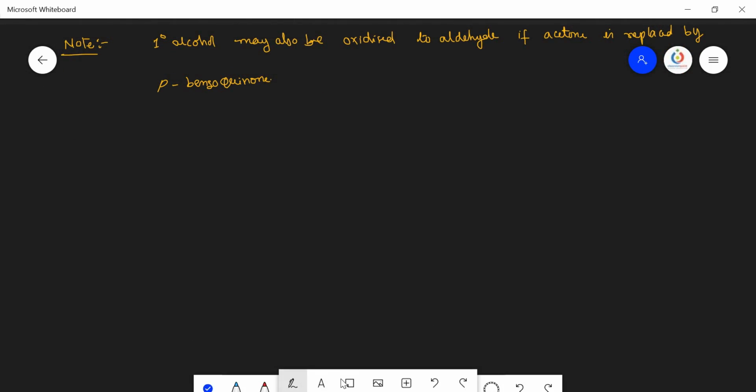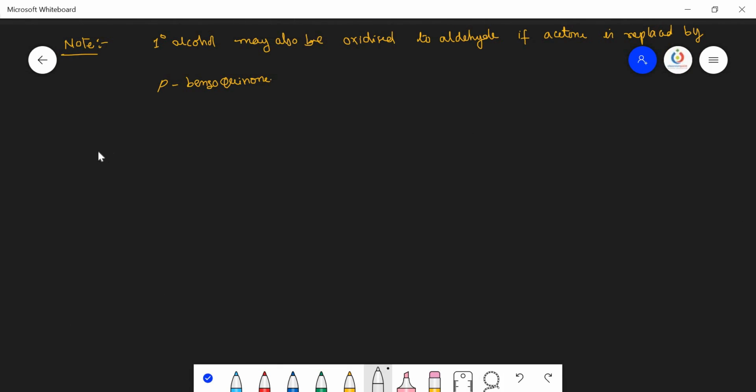So now let us take some examples. You just take one particular alcohol. I'll take some secondary alcohol. I'll take methyl group directly so that it will not confuse you. CH3, CH, OH, CH3.